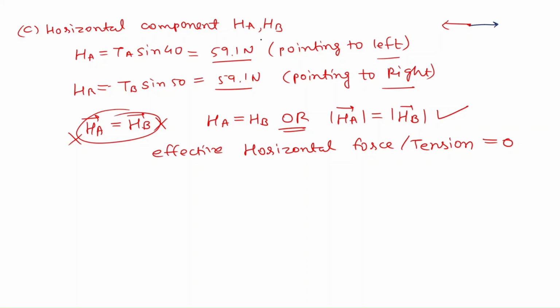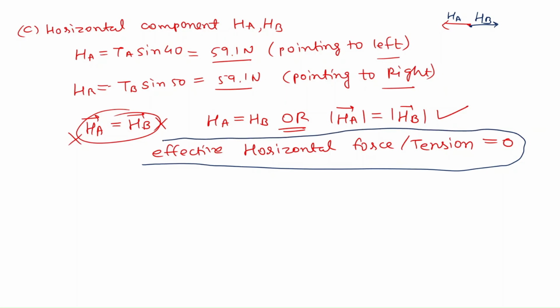But the values of HA and HB are the same. So they cancel each other. So the effective force or tension is zero here.